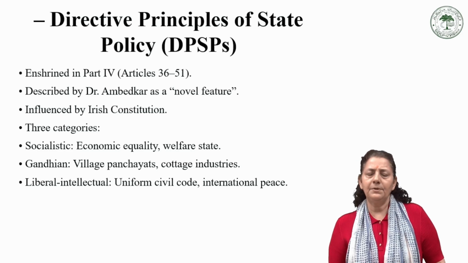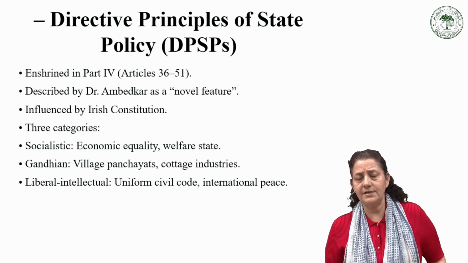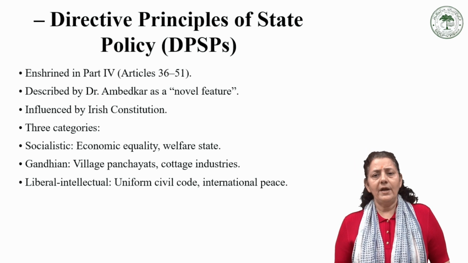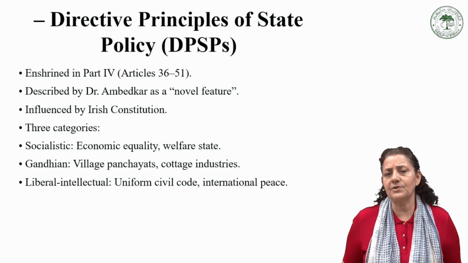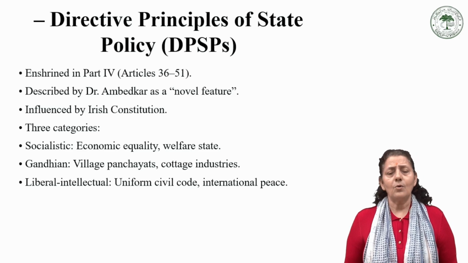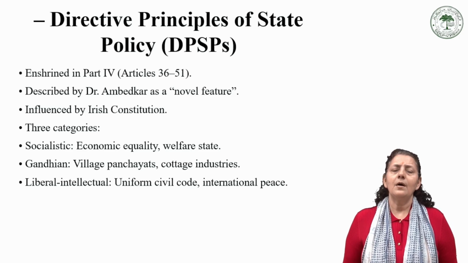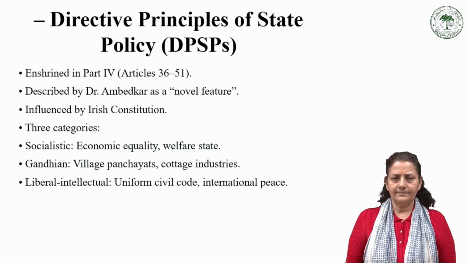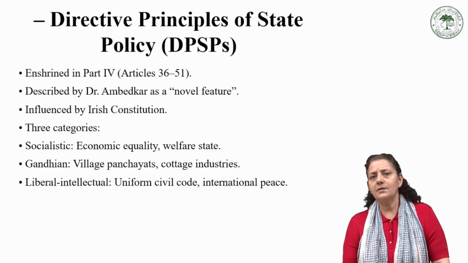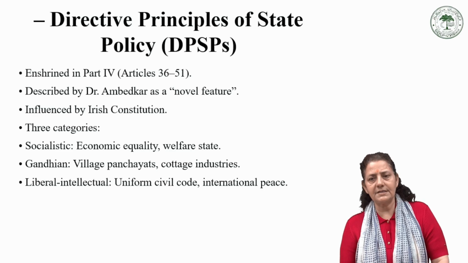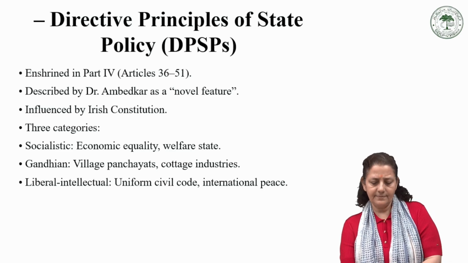We have the example of cases like Minerva Mills versus Union of India of 1980, wherein the court said very clearly that fundamental rights and directive principles of state policies are not contradictory, but they are complementary to each other. Thus, directive principles provide the moral and social foundations for a just and equitable state.